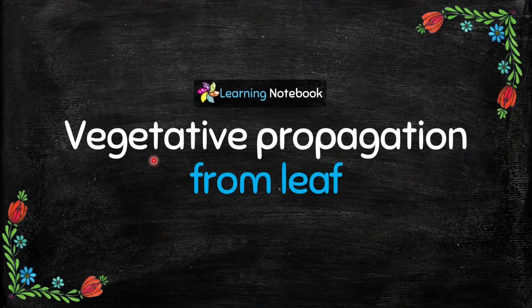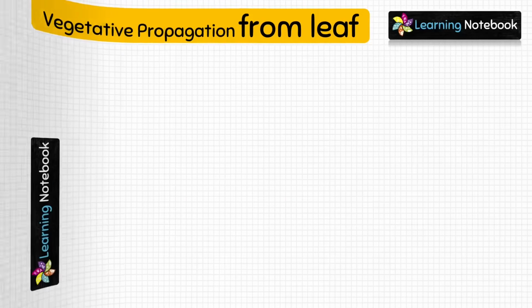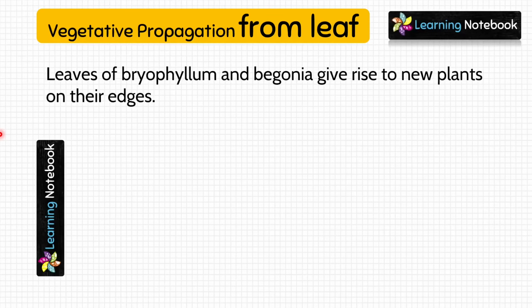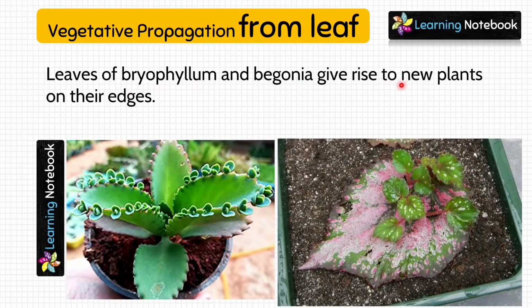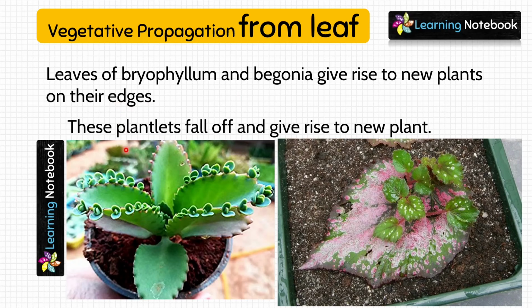Third way is vegetative propagation from leaves. Leaves of bryophyllum and begonia give rise to new plants on their edges. And then these plantlets fall off and give rise to new plants. Like here in this first picture, these are leaves of bryophyllum.